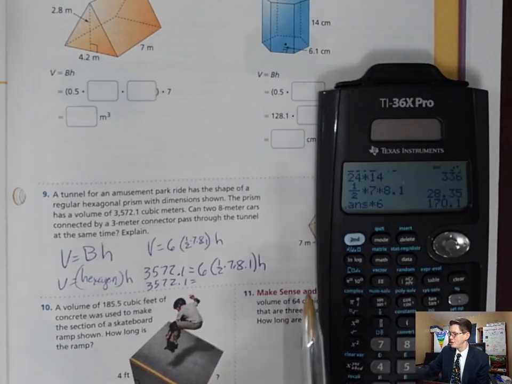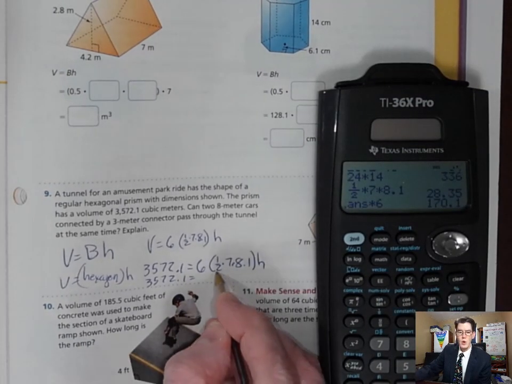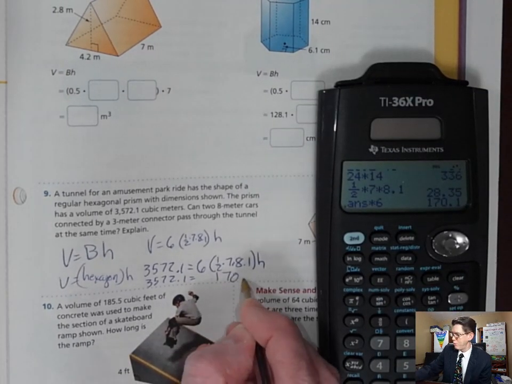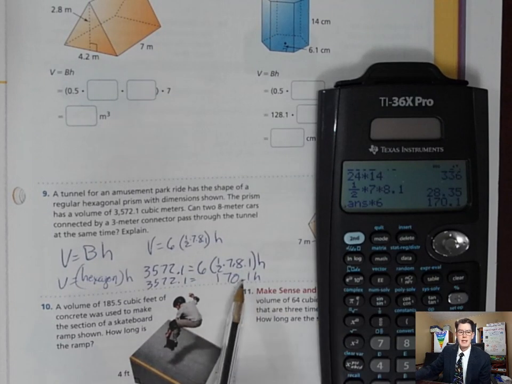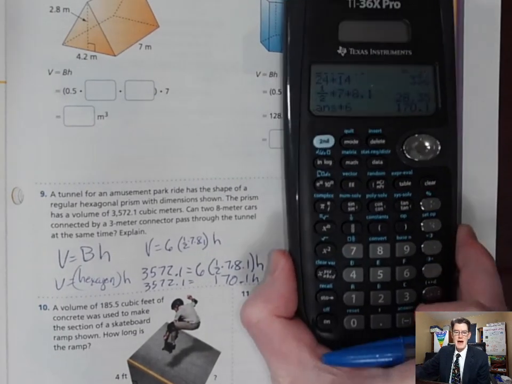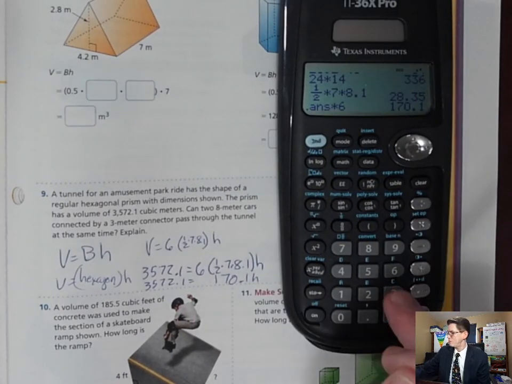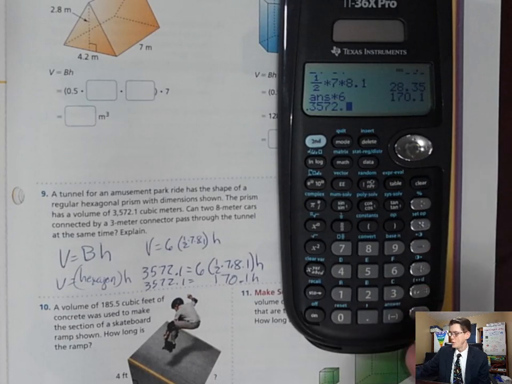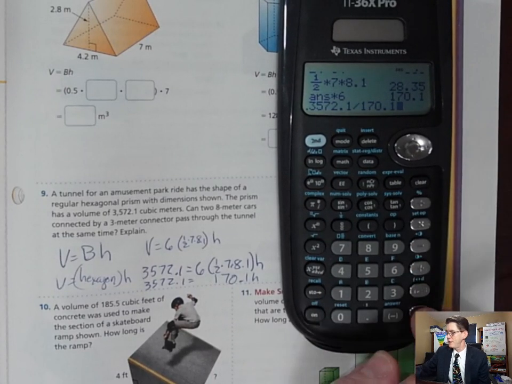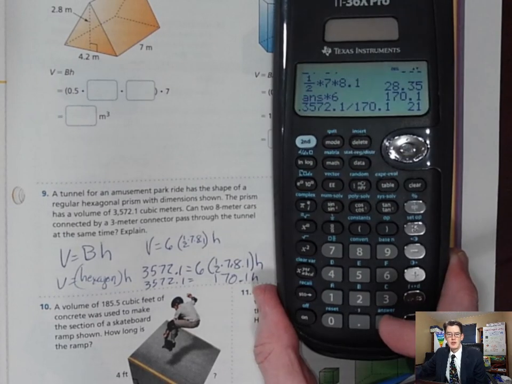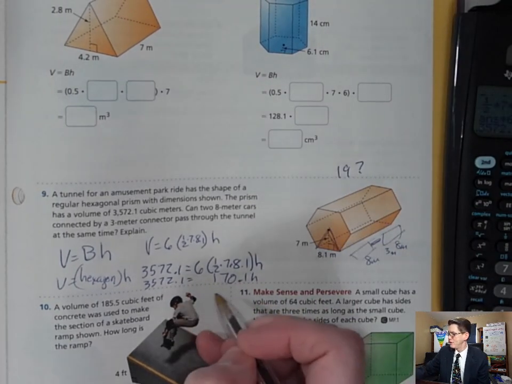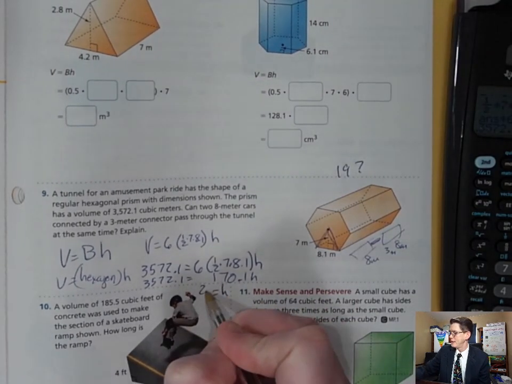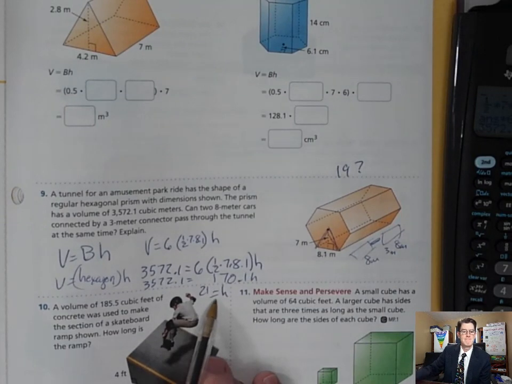So this is, volume is the 170.1 times the height. Now to get the height by itself, this is that part about solving the equation where you divide it off. So 3572.1 divided by 170.1, 21. So the height over here, the height is 21.